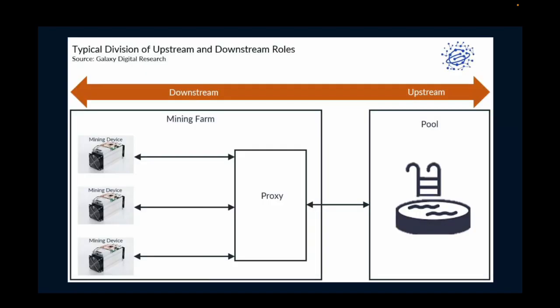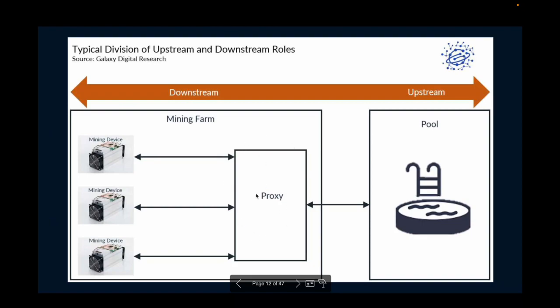So here's a visual representation of the different roles involved in Stratum V2. Here on the left we have a few mining devices, and they're all communicating with a proxy, and together they form a mining farm, right?